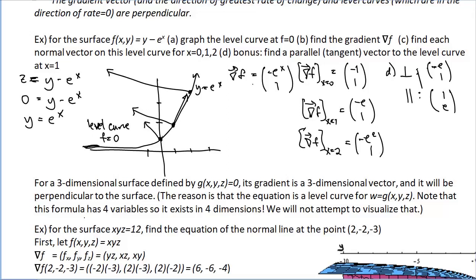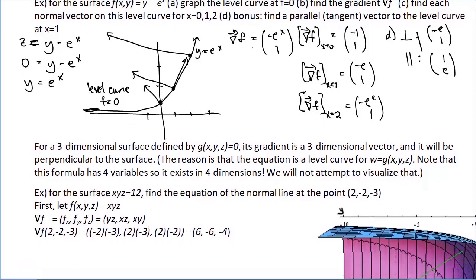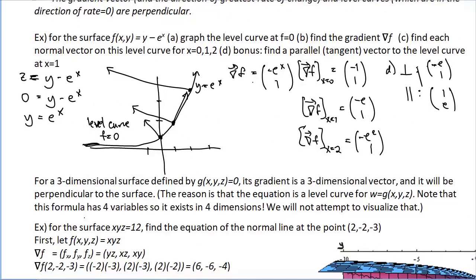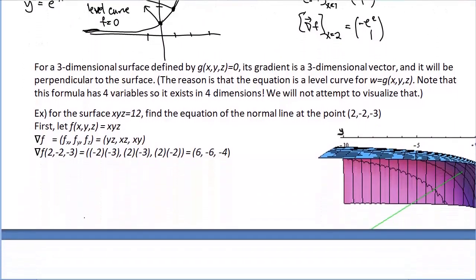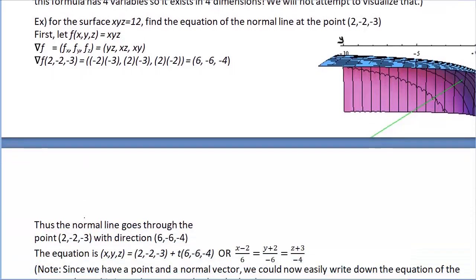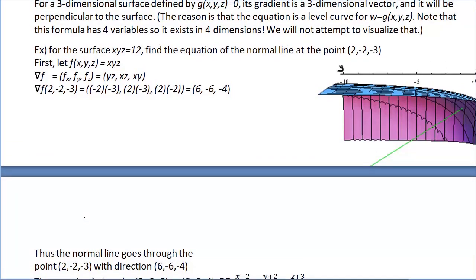So now we've got our point, (2, -2, -3), and our direction, which is our perpendicular direction, (6, -6, -4), perpendicular to the surface. So there's our direction vector.